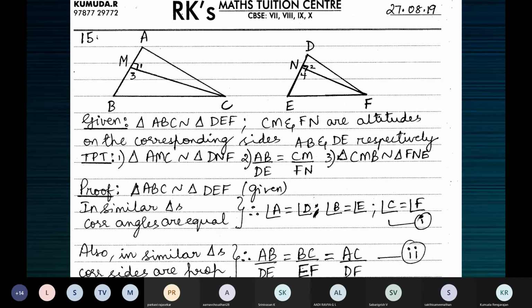And it is given that CM and FN are altitudes, ma'am. So angles CMB and FNE are equal to 90 degrees, ma'am. That's the AA criteria. We can prove that both are similar. Very good, Shakti. Perfect. Somebody else tell me how is triangle AMC similar to DNF?